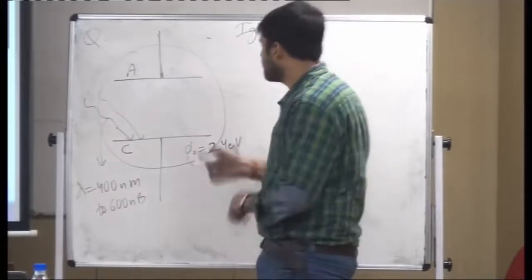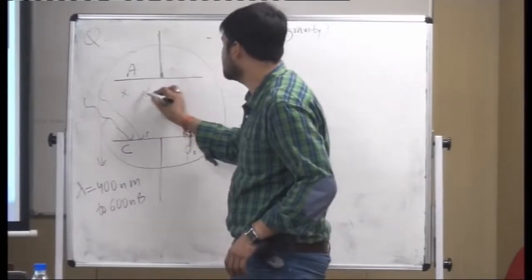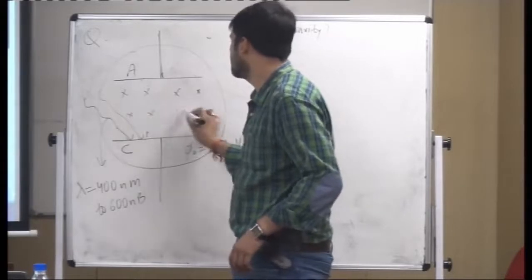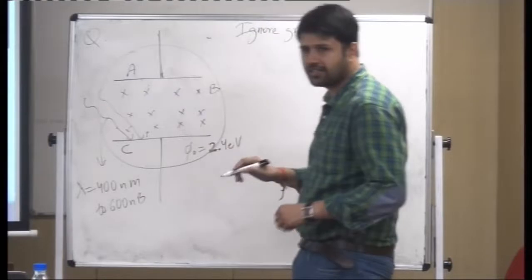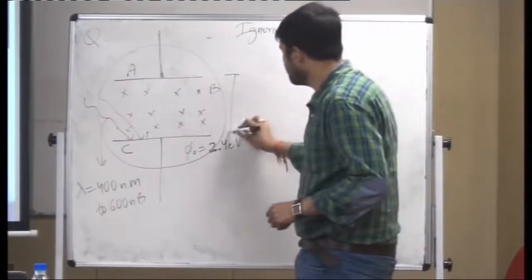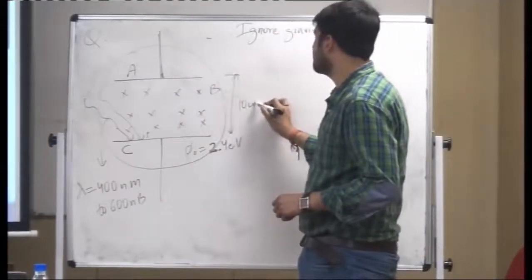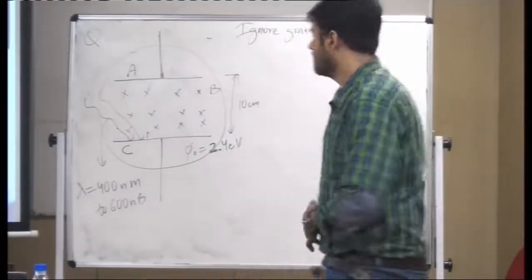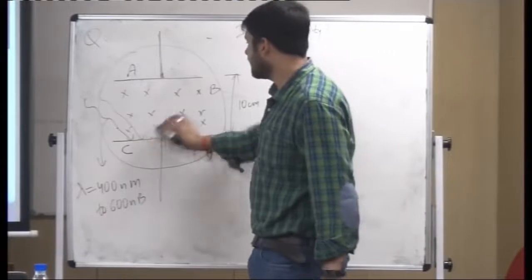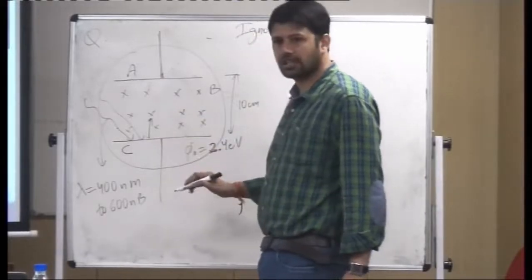Right? What happens? The electrons are emitted. Now this region between the two plates is filled with magnetic field. The separation between these two is 10 centimeter. So what happens? Electrons are emitted like this.